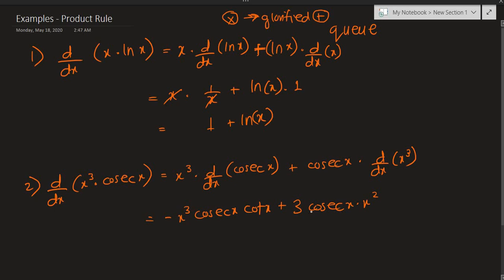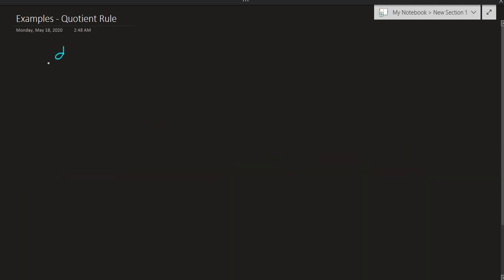It's time to move on to the quotient rule, which is slightly more work than the product rule. So now we have to differentiate 2 to the x divided by the tan of x. So as I said, the function that's on top sort of dominates.